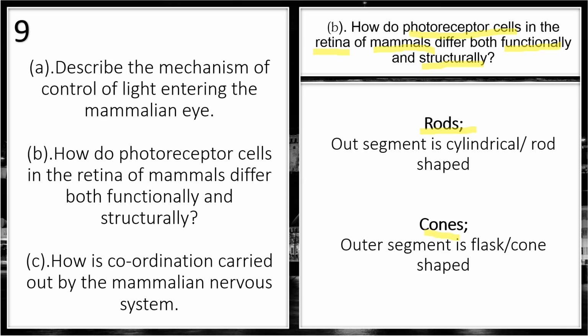Now, the outer segment of the rod is cylindrical or rod-shaped, whereas the outer segment is flask or cone-shaped. That one is in the cones.